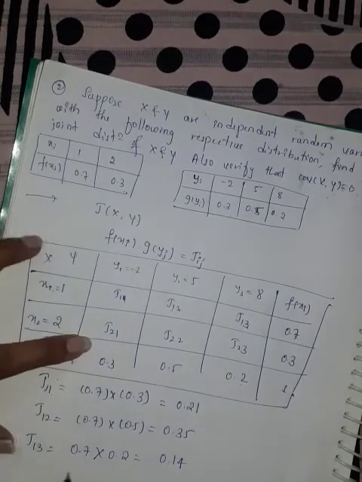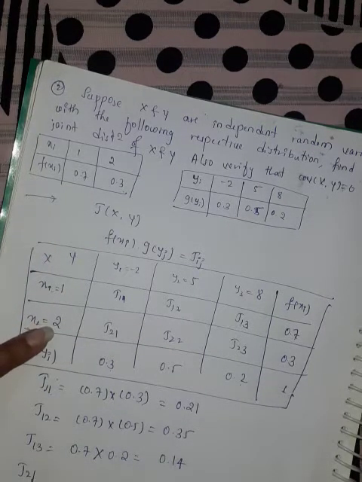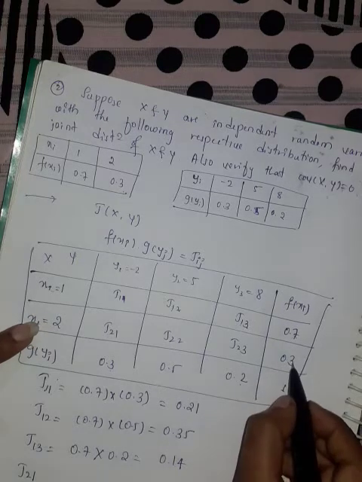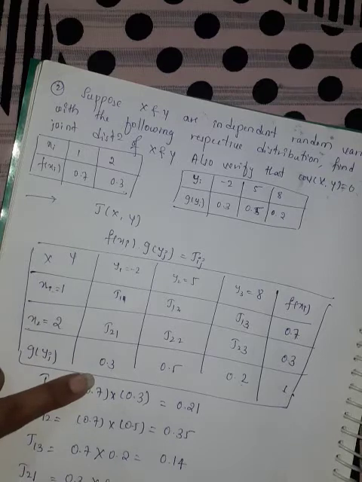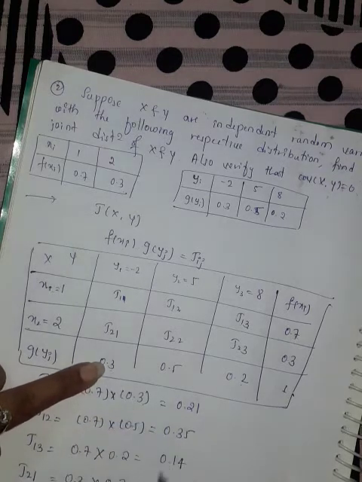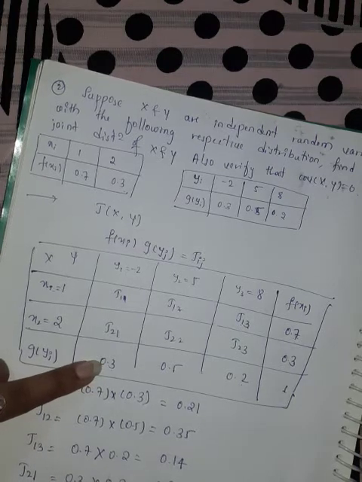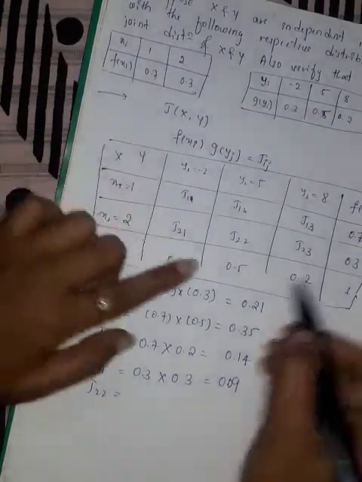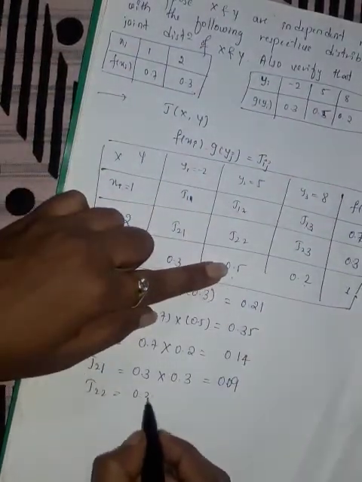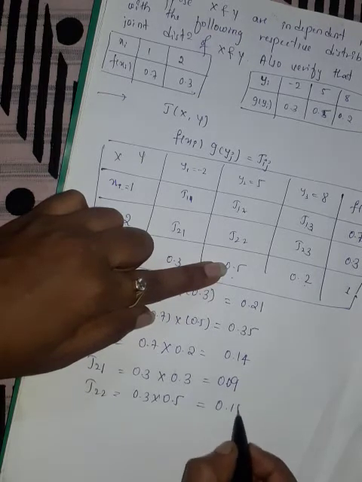So similarly, J21 is, for x2, 0.3 into 0.3, which is 0.09, and J22 is 0.3 into 0.5, which is 0.15.